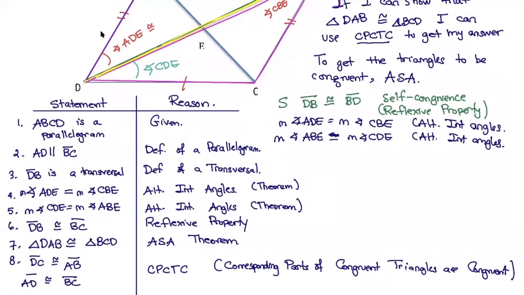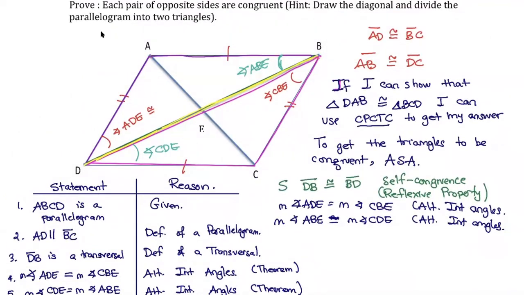Let's step back a little bit and make sure that we understood what has happened here. I needed to prove that the two opposite sides were congruent to one another. In order to do that, I split the parallelogram through one of its diagonals. You could have done it using this diagonal here, AC, as well, and gotten the same result.